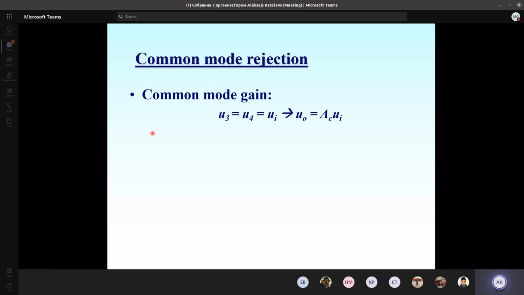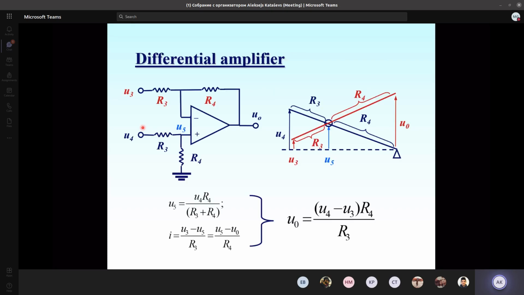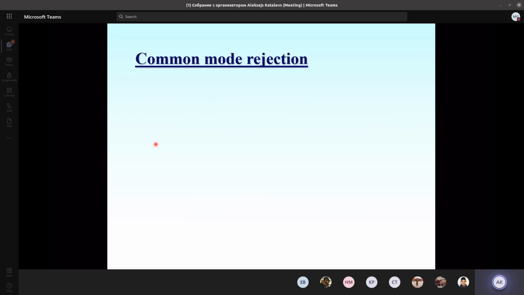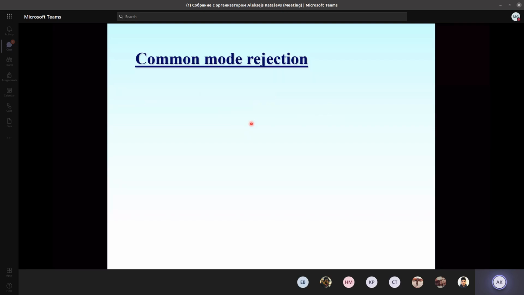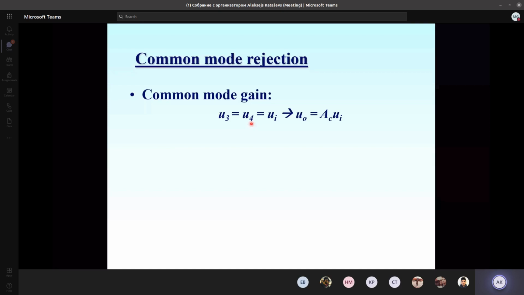The common mode gain is measured when both inputs of the differential amplifier are connected together and some arbitrary input voltage is applied to both inputs 3 and 4. Then we see what will be on the output. What would you expect the theoretical value of the output voltage to be for the common mode signal?